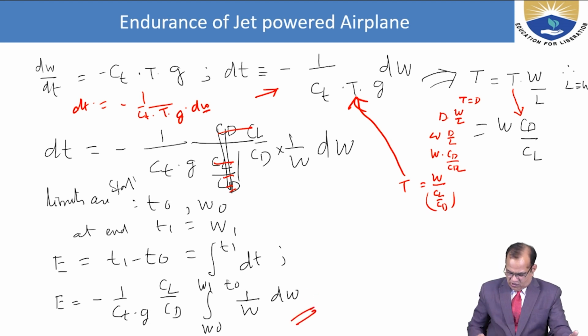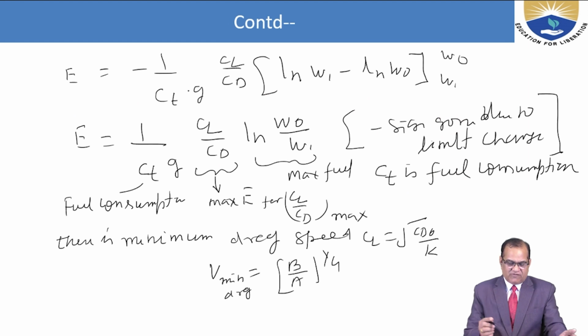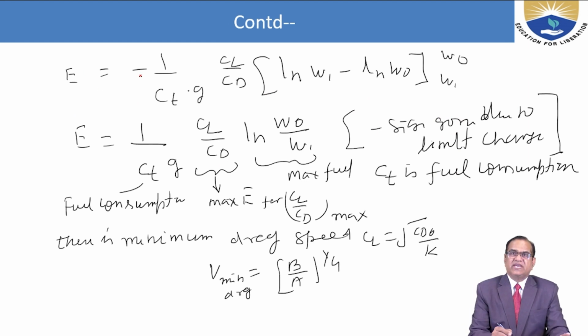So we have got one equation, and now if we integrate this, we will get E is equal to minus 1 by Ct into CL by CD, and the integral of 1 by W is equal to ln W1 minus ln W naught. So W1 by W2.